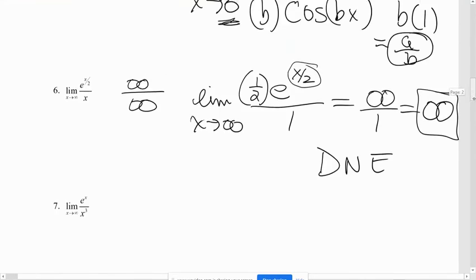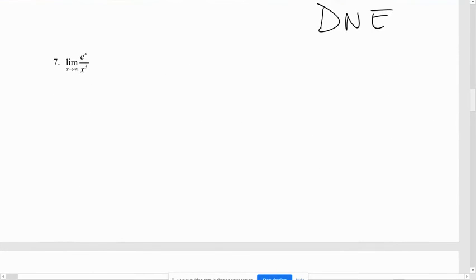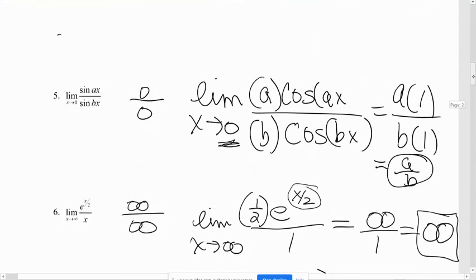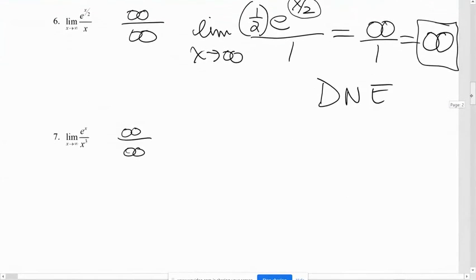All right, let's take a look at this one. So if I plug in infinity here, I'm going to get e to the infinity, which is infinity, infinity cubed, which is infinity. So that's infinity over infinity. So again, that is not 1. Matter of fact, we just did a problem where infinity divided by infinity was infinity.